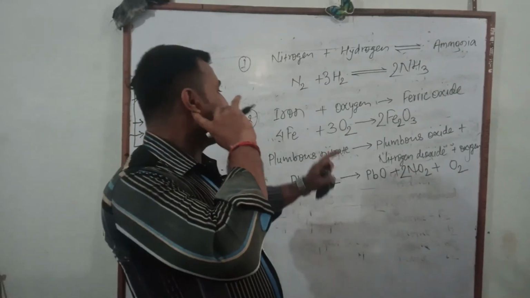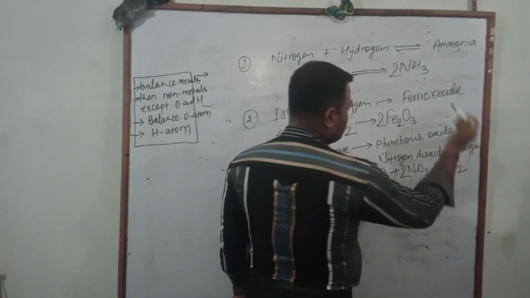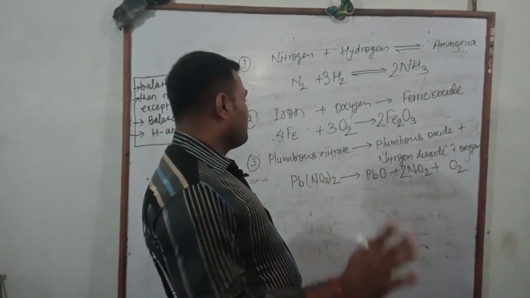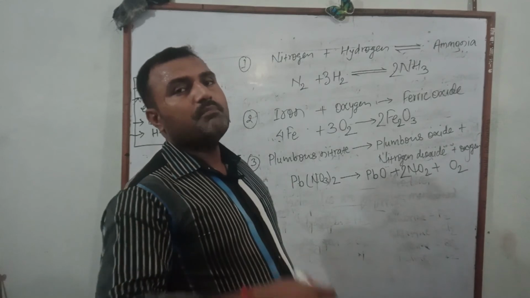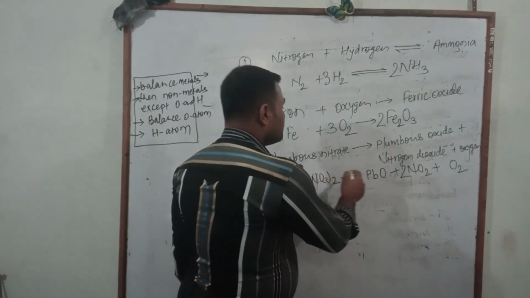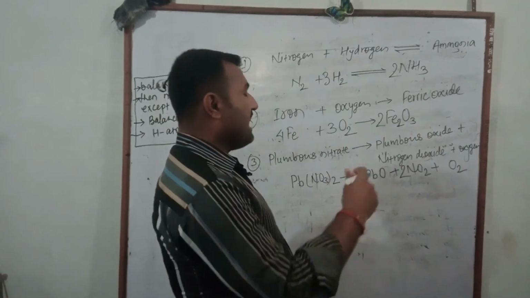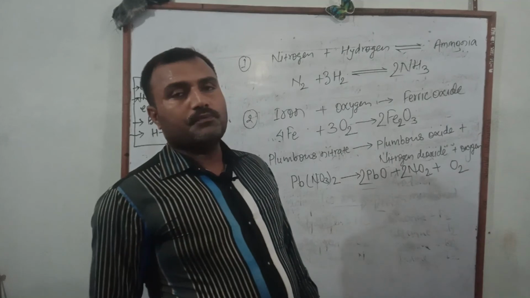Oxygen is 3 times 2, 6, but here 2 plus 4 is 6, plus 1 is 7. 7 is impossible to reach, 6 can't be changed into 7 by multiplying. On that condition, we can convert it into the nearest even number. After 7, it may be 8. And here we write 2.